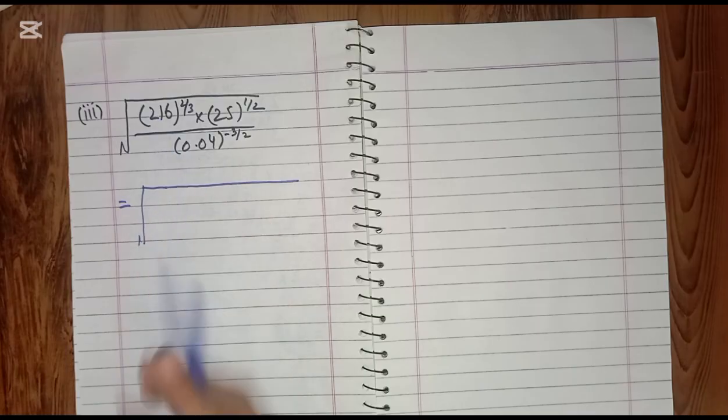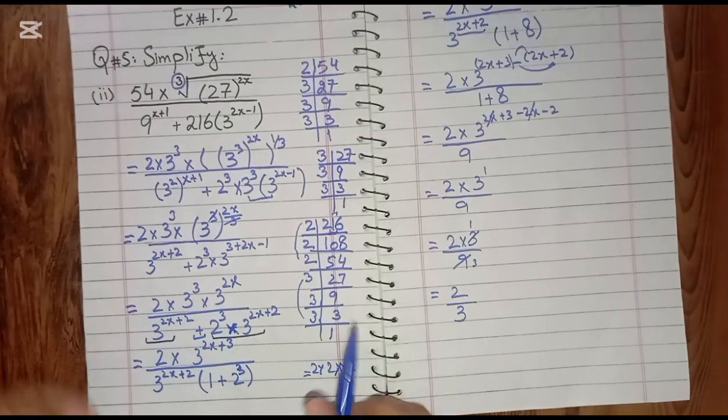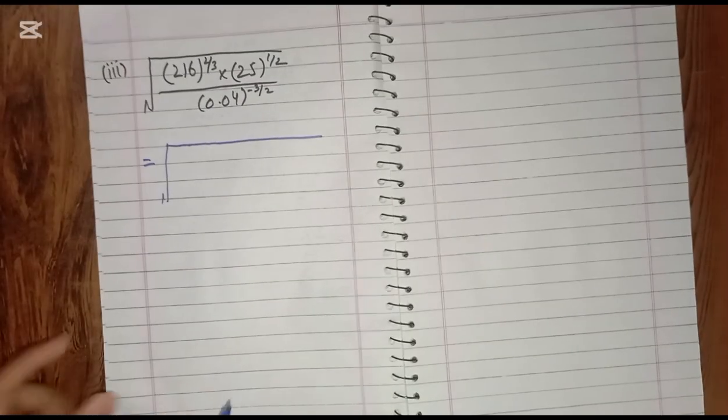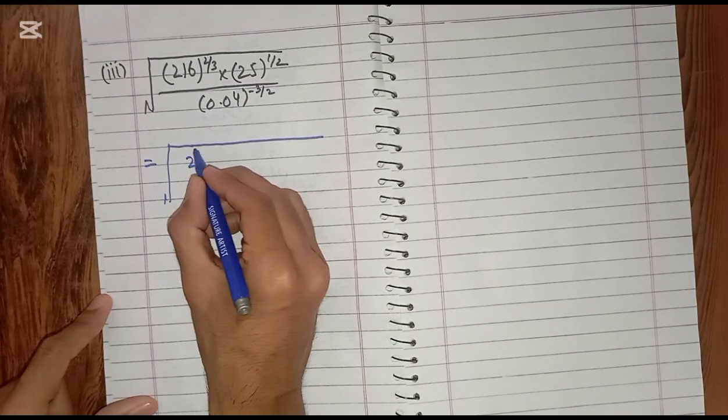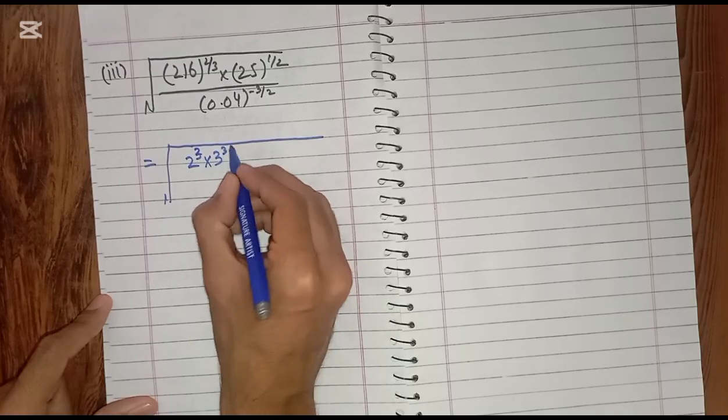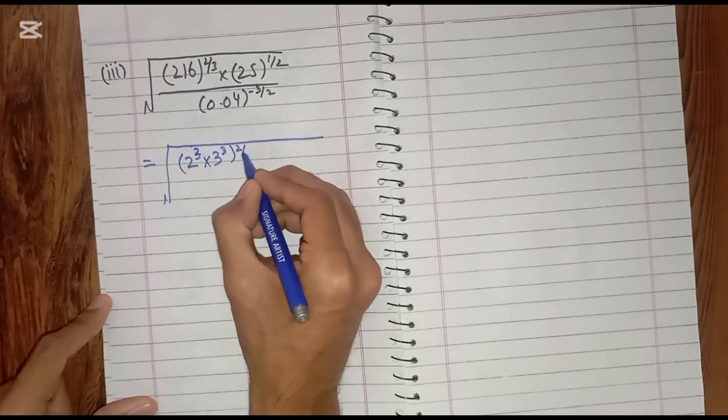This is 216. We make the factorization of 216, that is 2 power 3 and 3 power 3, so we write 216 as (2 power 3 and 3 power 3), and its whole power is 2 by 3.